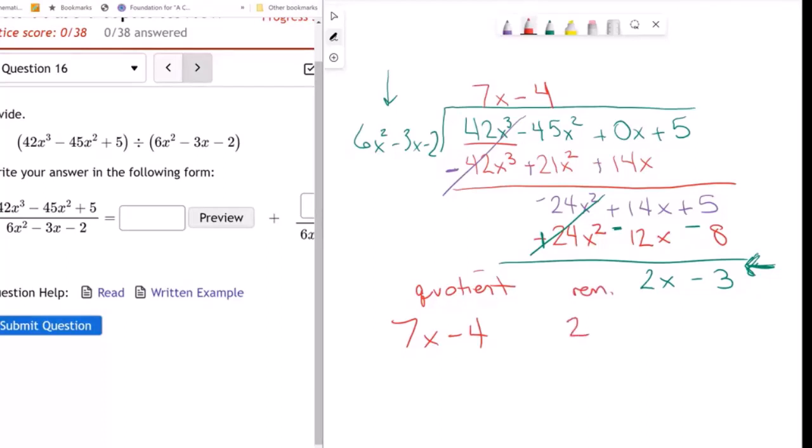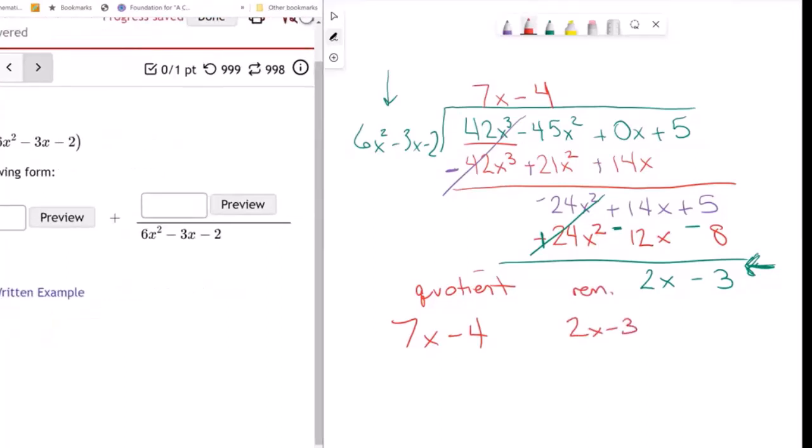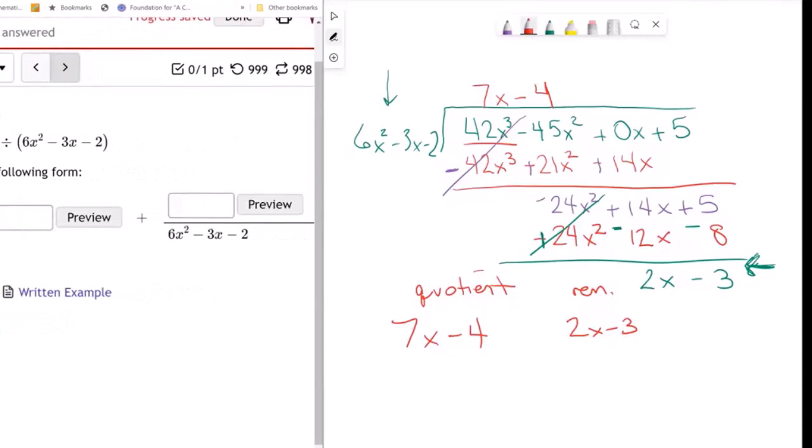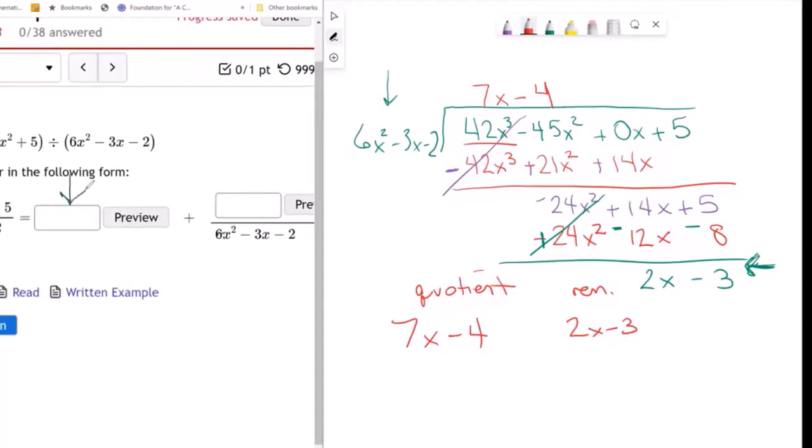Now notice they want us to put it in different boxes. Right. What goes in here? Remember, I was trying to show you this before. In this box, 7x minus 4. That's my quotient. The remainder goes here, 2x minus 3.